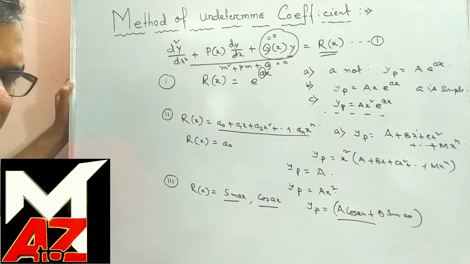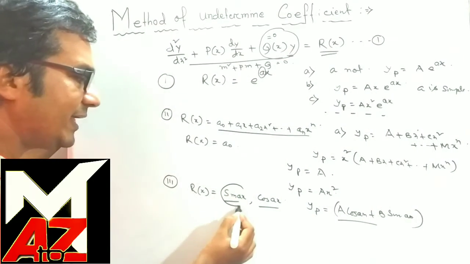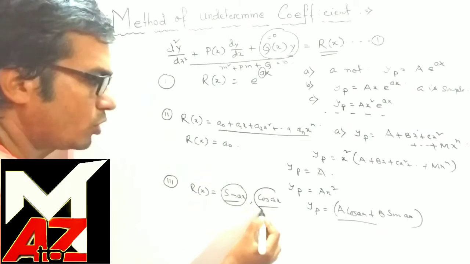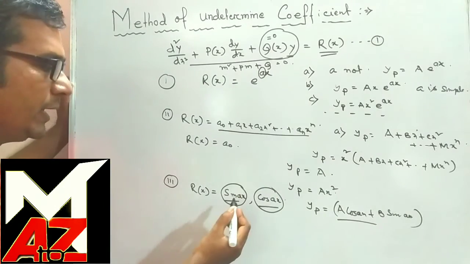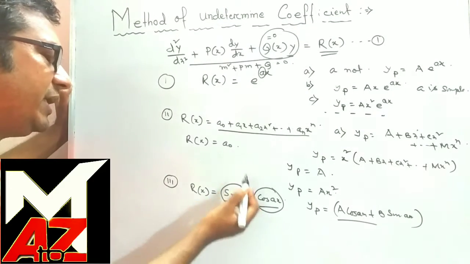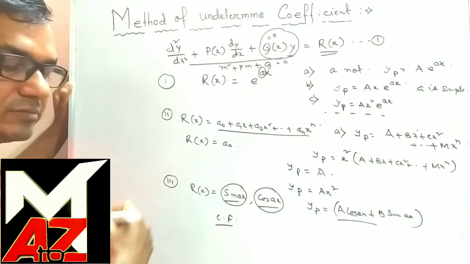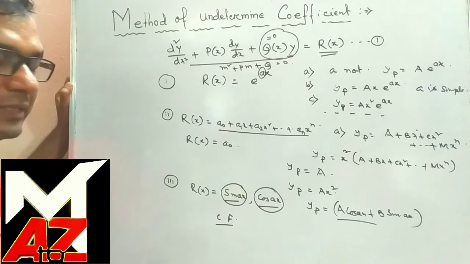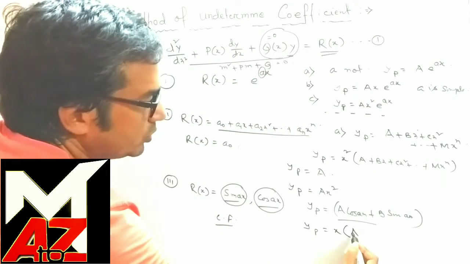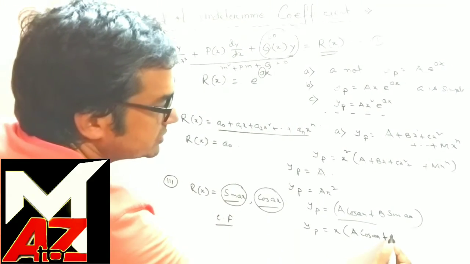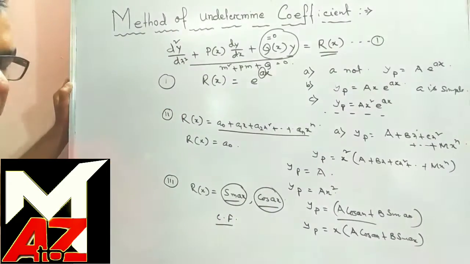Now, if sin ax or cos ax, any one of them or both, be in the complementary function, then yp is taken as x into (A cos ax plus B sin ax).